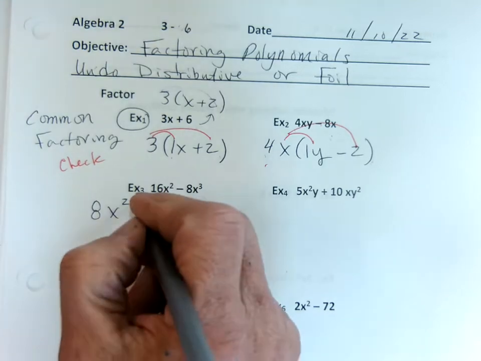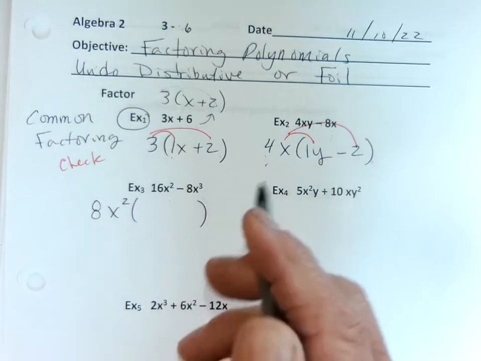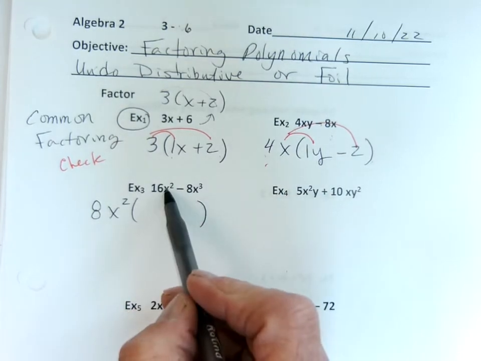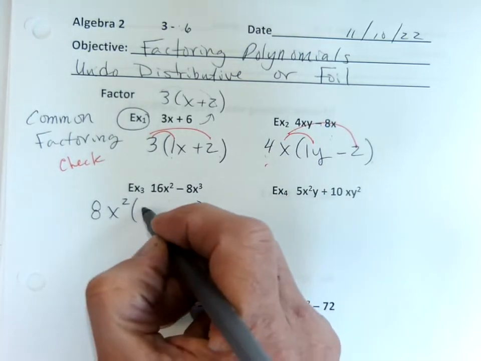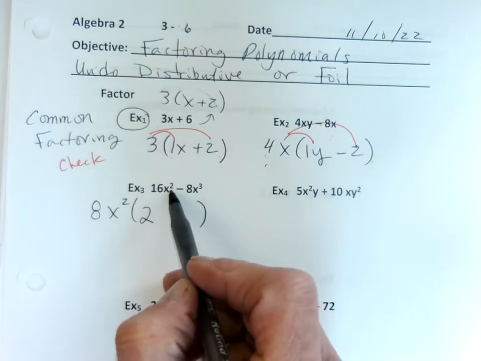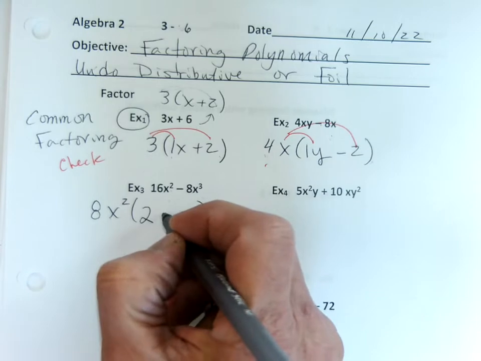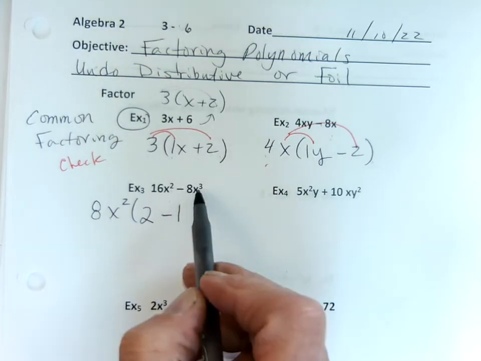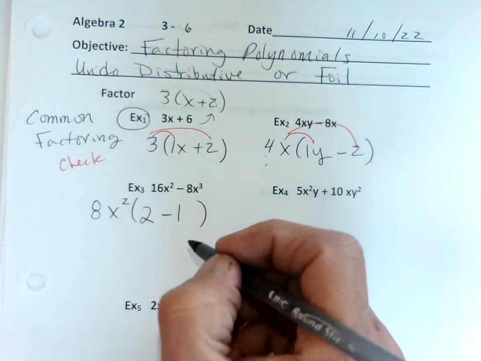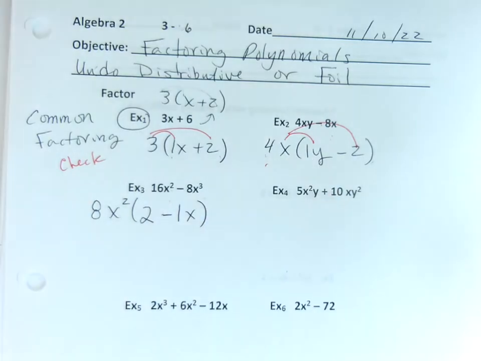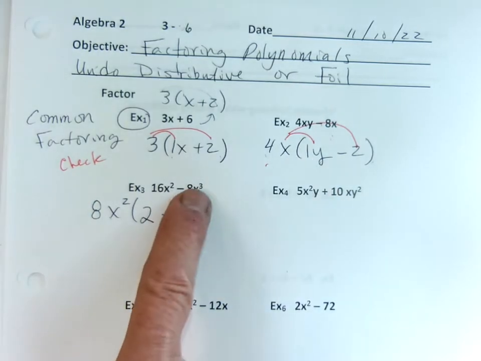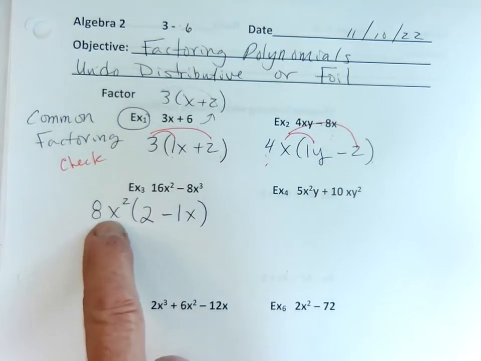So 8 goes into 16 two times. I took out x squared. 8 goes into 8 one time. I took out 2 x's, so I'd have an x left over.